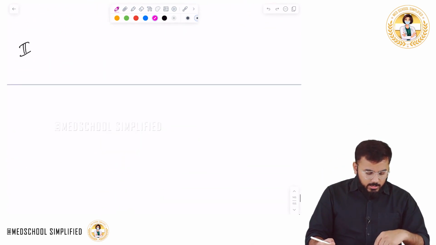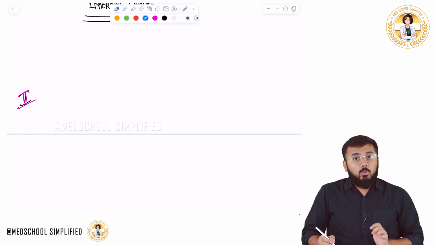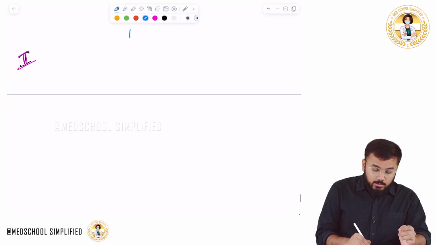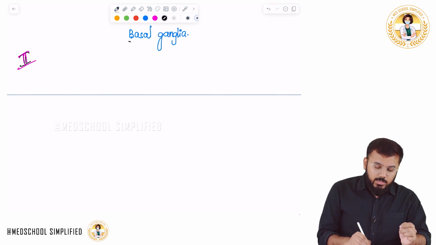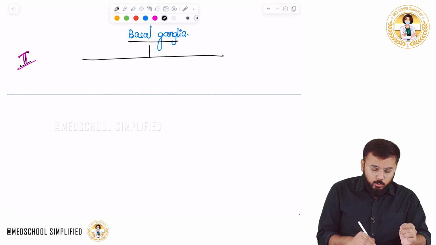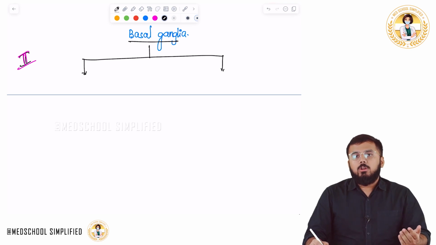So coming to the second important classification, you can classify the basal ganglia into two different components. One is called traditional components.